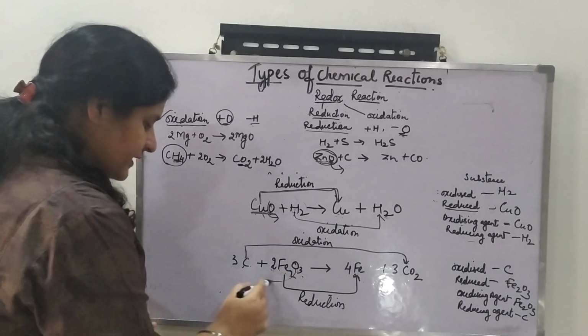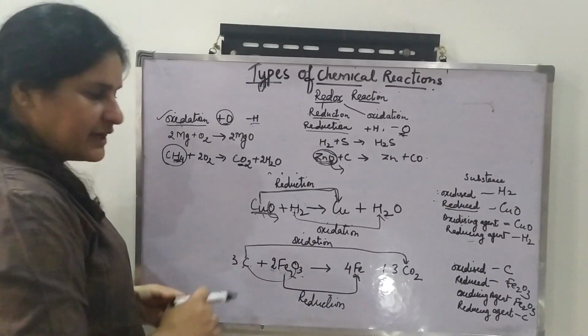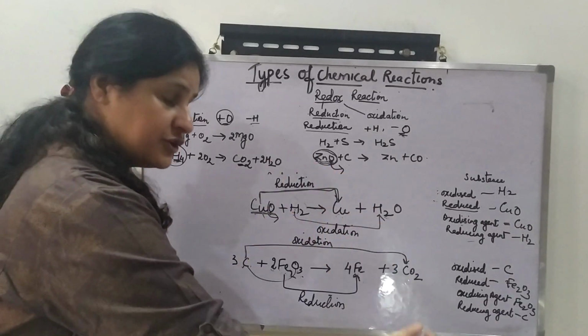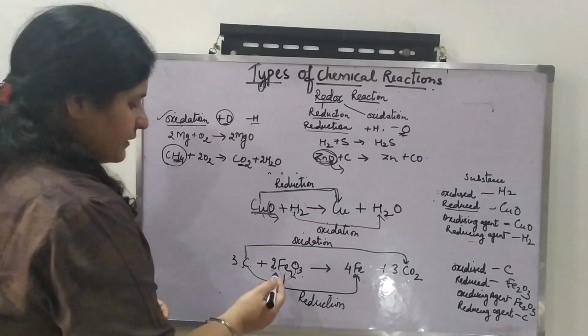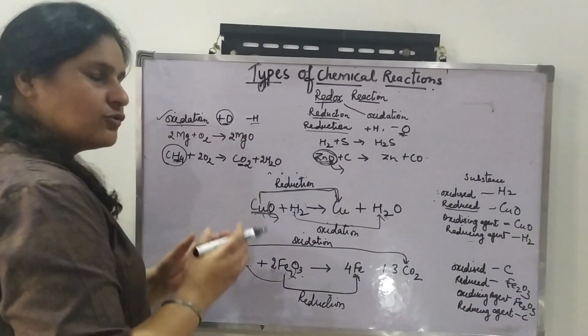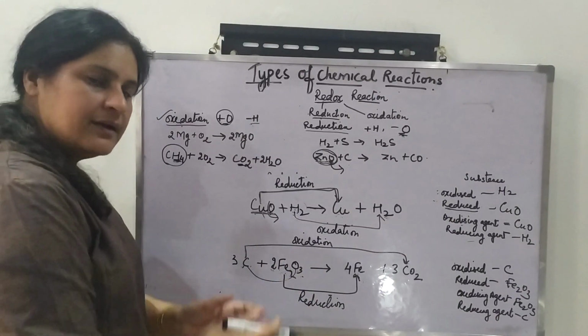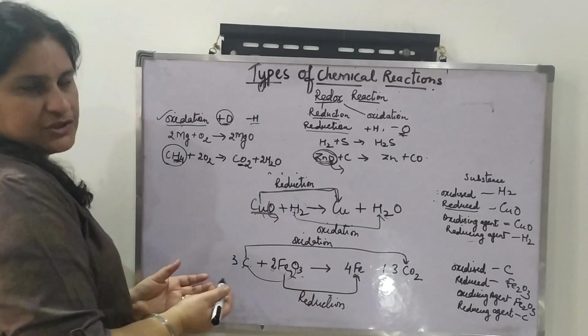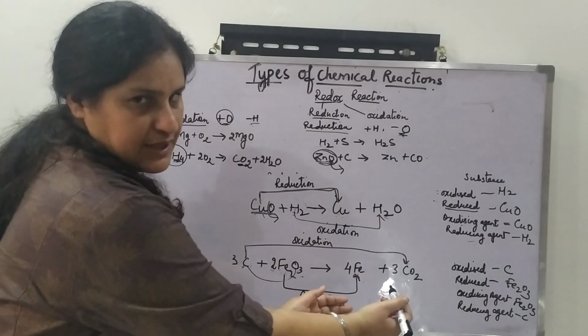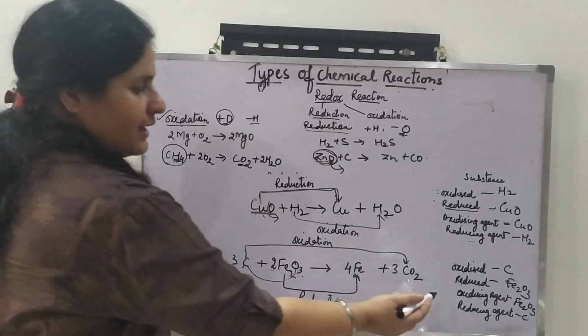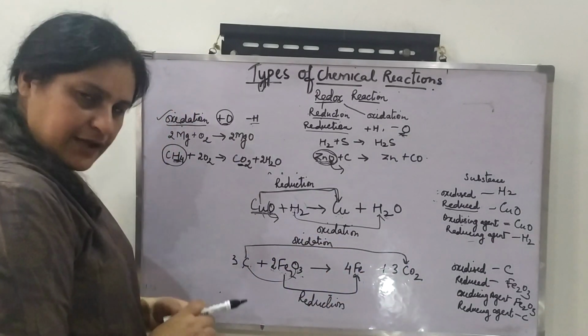Why? Because it will take away the oxygen from ferric oxide so that ferric oxide gets reduced. So carbon is acting as a reducing agent and ferric oxide acts as an oxidizing agent. Why? Because it is giving its oxygen to carbon so that carbon gets oxidized.